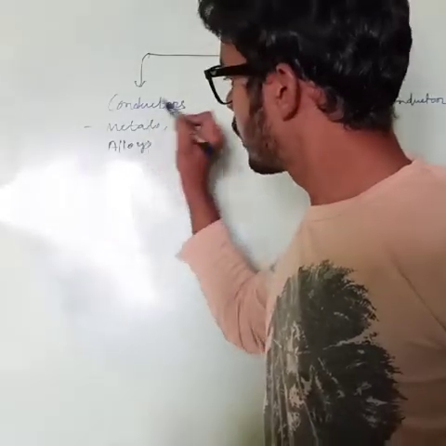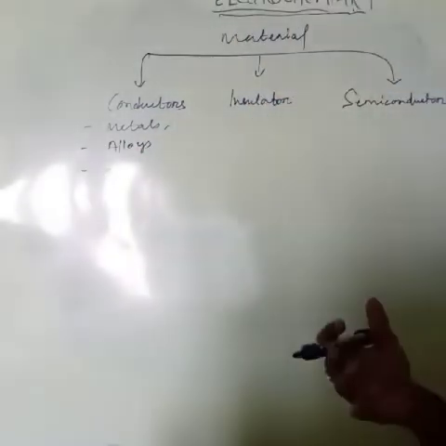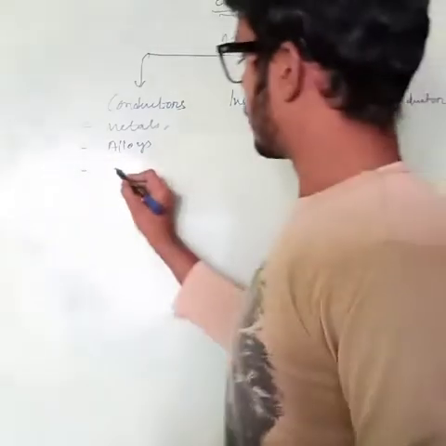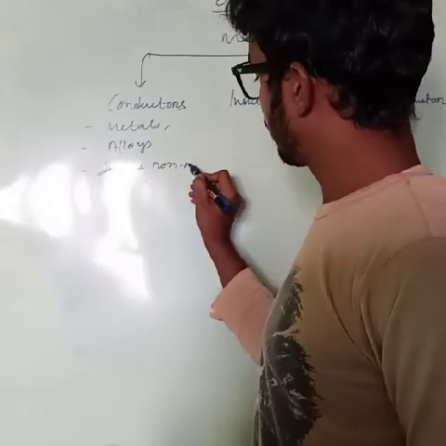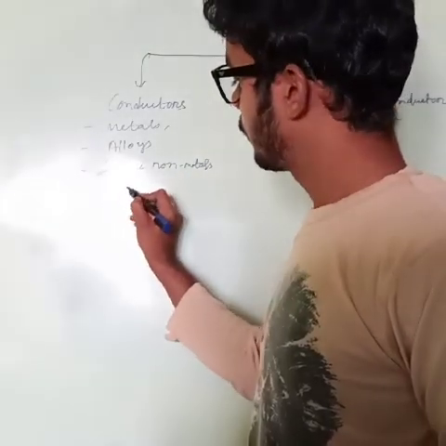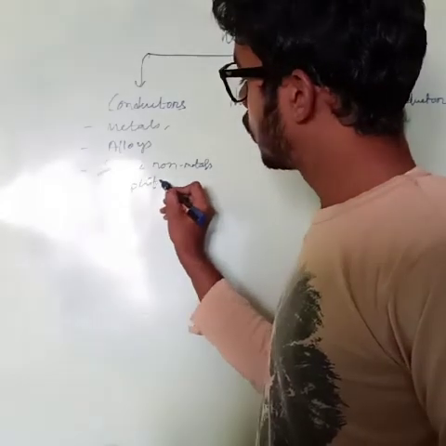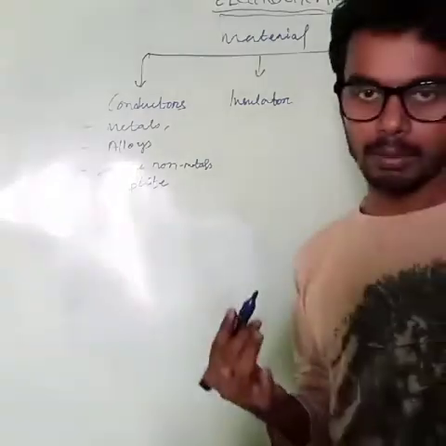They also fall under this category, alloys, because they are a mixture of metals. And some non-metals, like graphite. We know that graphite is a good conductor of electricity, but it is a non-metal.